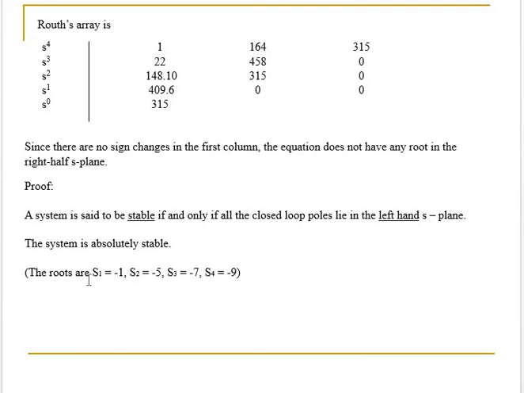The system is absolutely stable, because if you use for example a polynomial calculator to find the roots, you can get these roots. All the roots are negative. It means all poles are in the left half s plane, which means the system is stable.